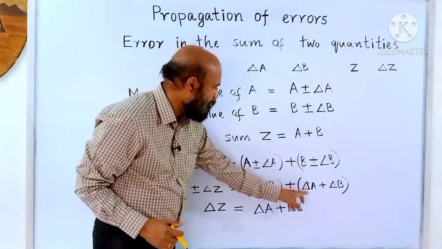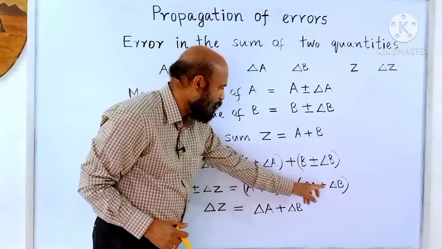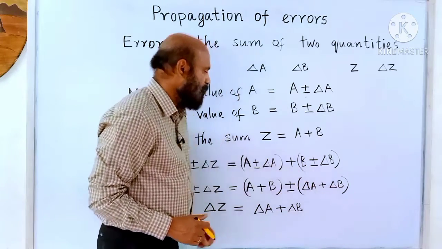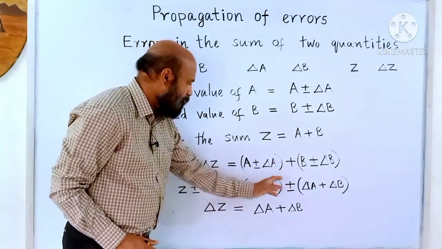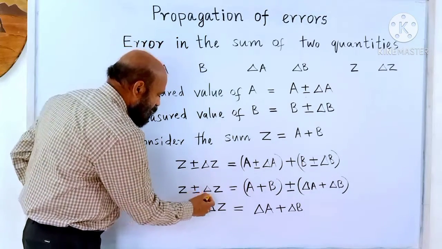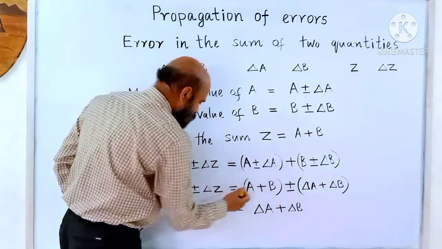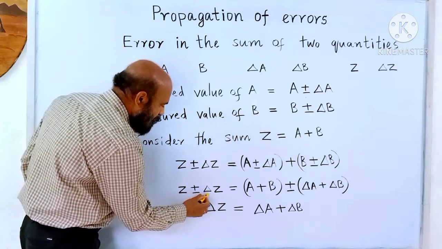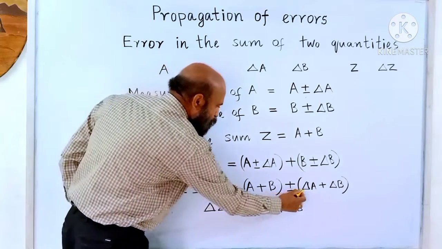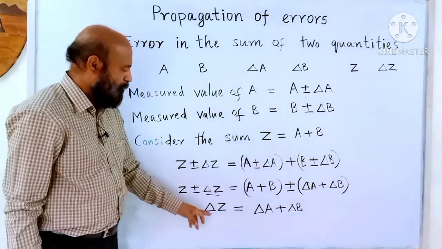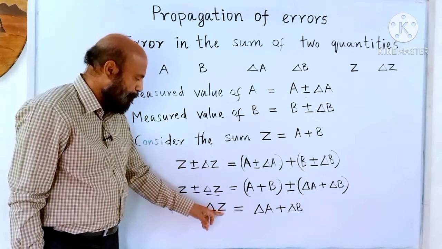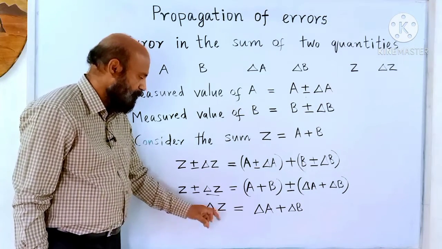Here it will be delta A, and this is taken outside, so here it is plus delta B. Now compare both sides. You can see plus or minus. Then delta Z is equal to delta A plus delta B. So this is the error in the sum, delta Z.